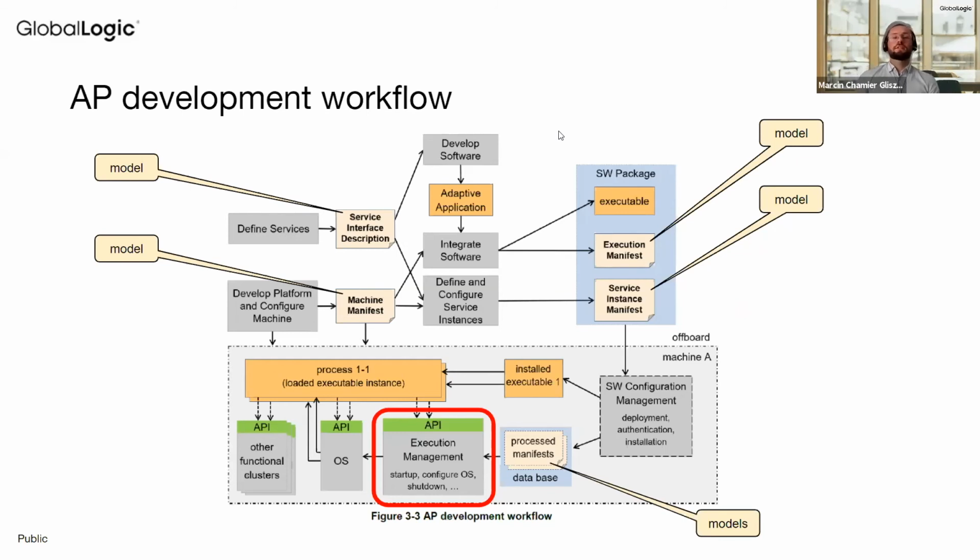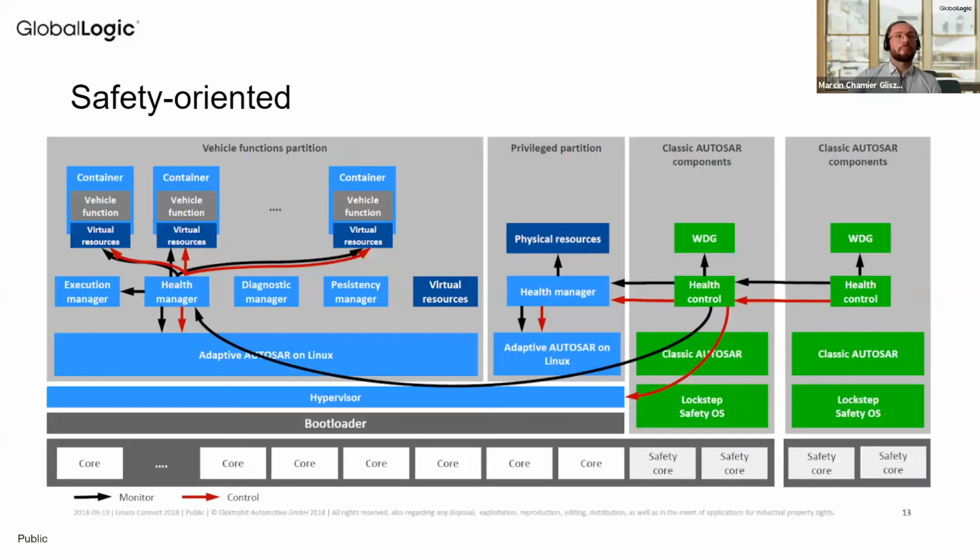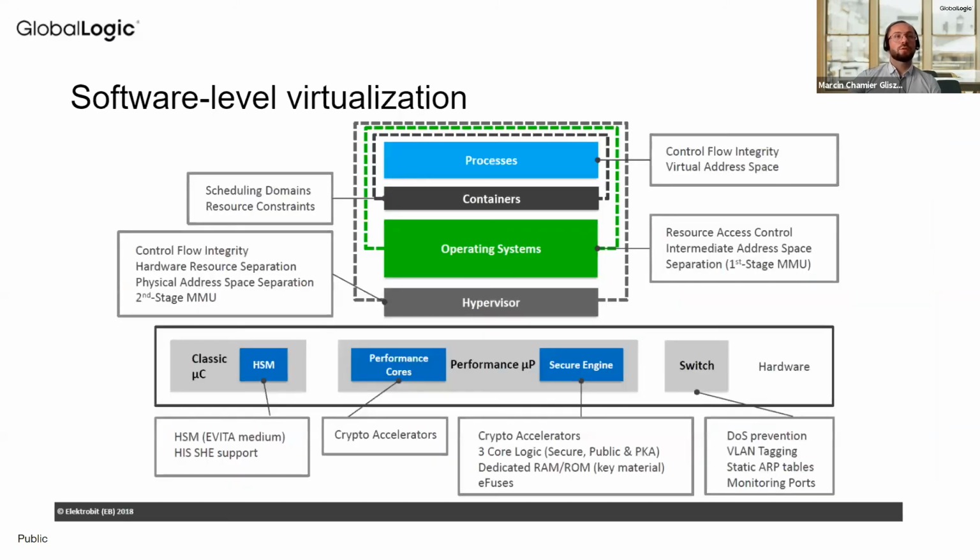It's already the slide which you saw. It's the description. Let me go into the slide. This is only a definition right now of the architecture provided by AUTOSAR Adaptive, AUTOSAR itself.